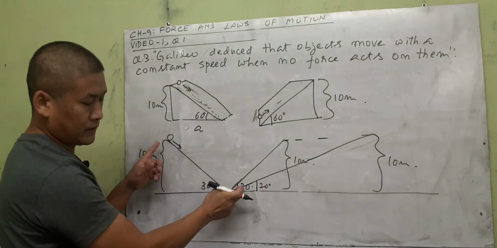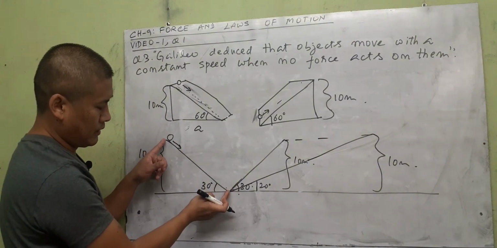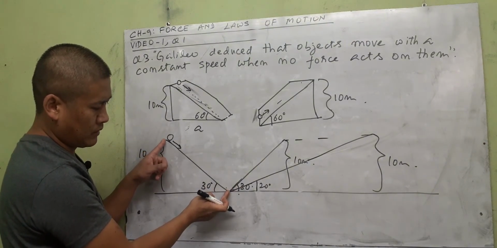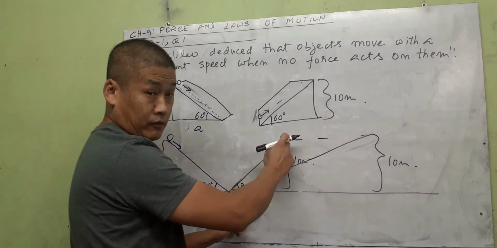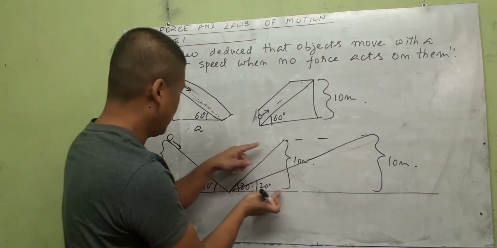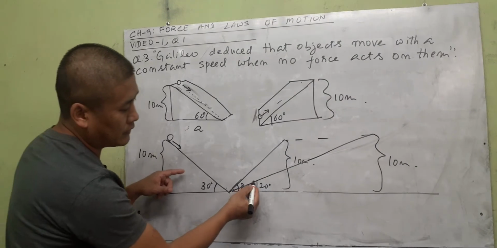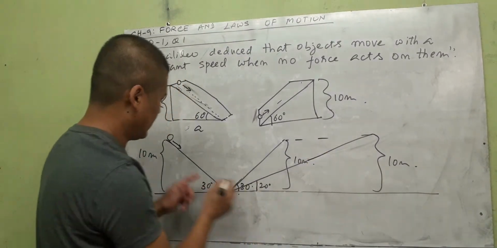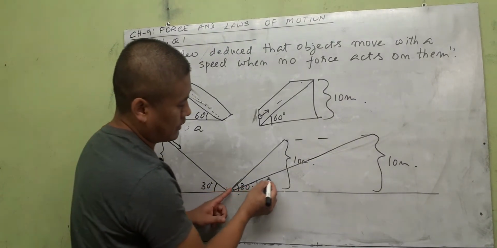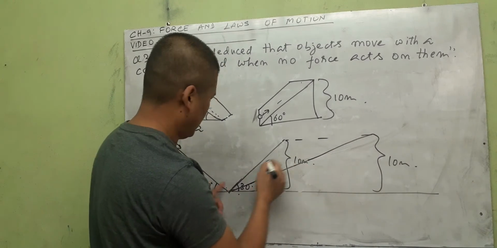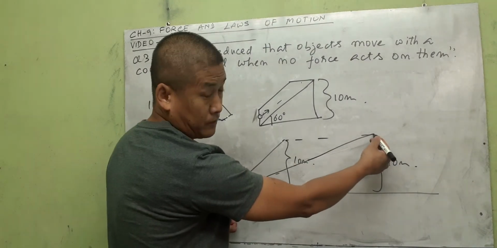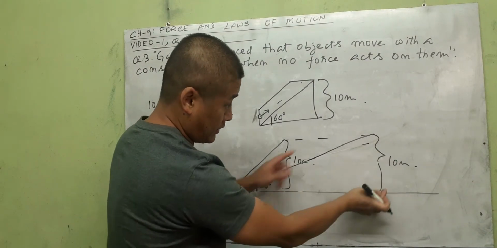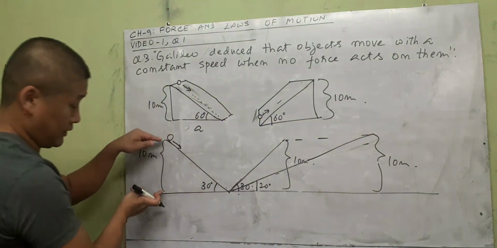When it was equal inclination 30-30, distance down was 15 meter, then this also 15 equal, and the height is 10, same as this height. But when the angle of inclination was reduced on the right side, the ball rolled down and began to travel more distance. Here 15 meter, but here 30 meter, till it reached the height 10 meter, the same as this side.